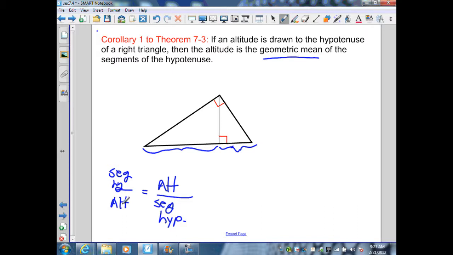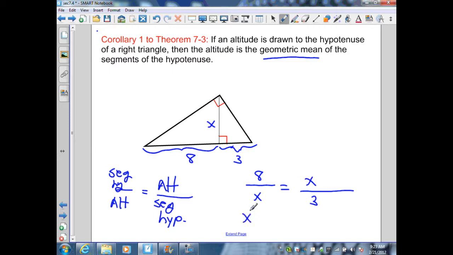A quick example could be x, and my segments equal 3 and 8. Therefore, if this occurred, I know I have an altitude that's a geometric mean. A geometric mean is a proportion in such a way that my means are equal. Here, my altitude is unknown, therefore x and x. And it's the geometric mean between the segments of the hypotenuse, which are 8 and 3.